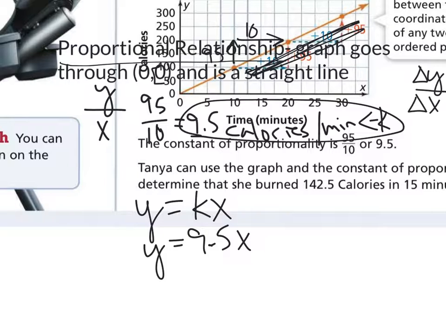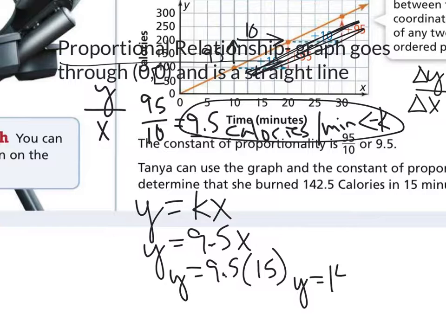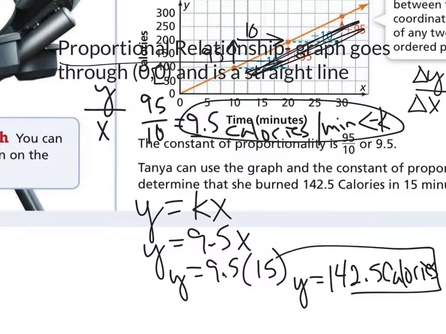The problem is it's hard to tell sometimes, plus if our line's not perfectly straight, that's a difficult thing for us to do. So a more accurate method would be to use our equation and say, oh, 15 minutes, I'll substitute 15 in place of my x, because x is our number of minutes here. And then if you multiply that out, you should get what they have in the book, 142.5 calories that they burned in 15 minutes.